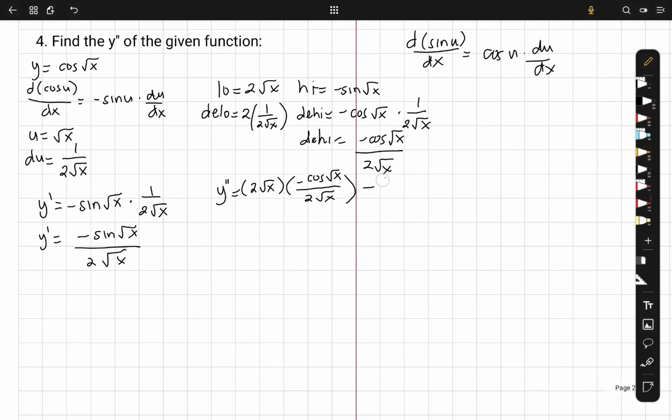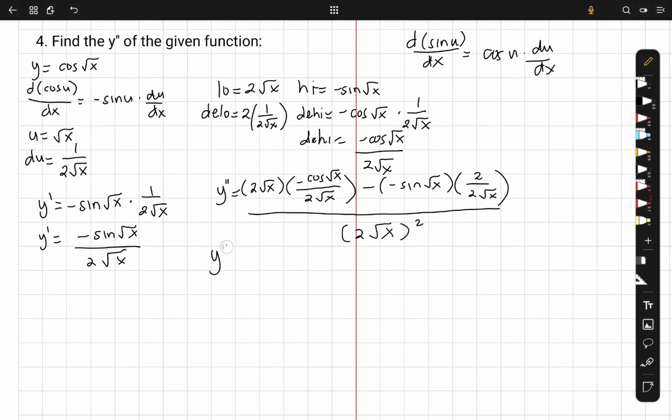So, high is negative sine square root of x multiplied by the derivative of the low, which is 2 all over 2 square root of x, all over our low squared, that is 2 square root of x raised to 2.